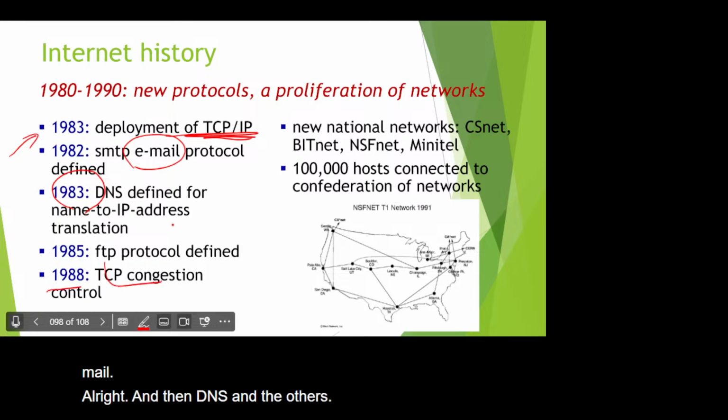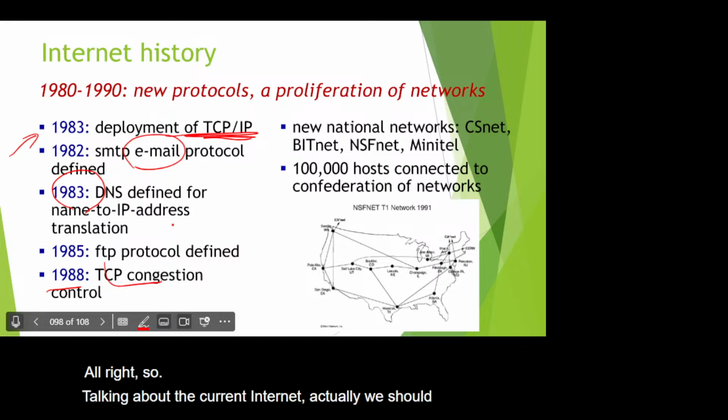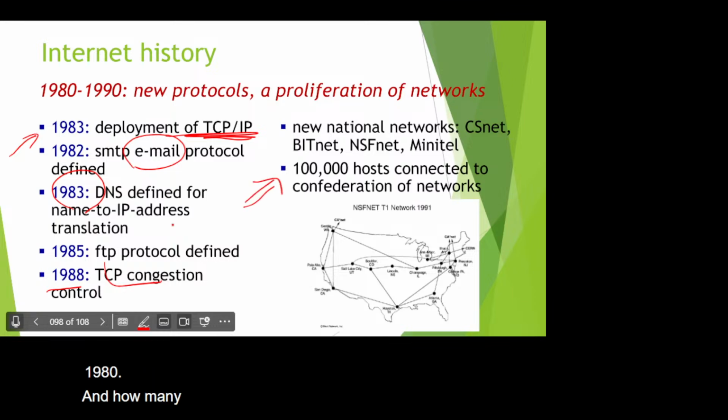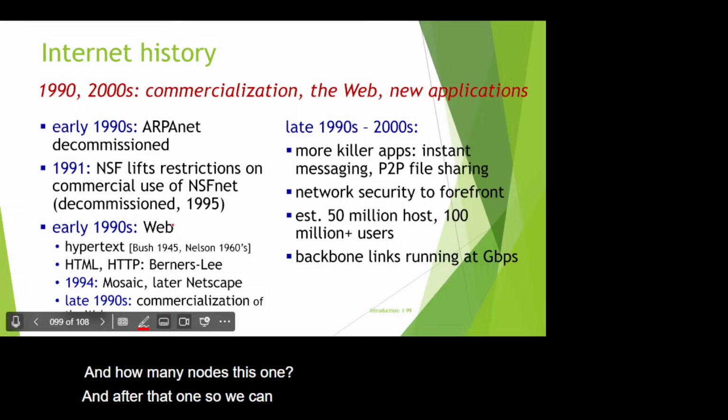All right, so talking about the current internet, actually, we should have the possible example since 1980. And how many nodes? This one. And after that, we can have other applications, including the web. Here, it's the web.